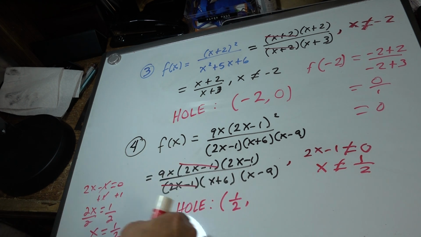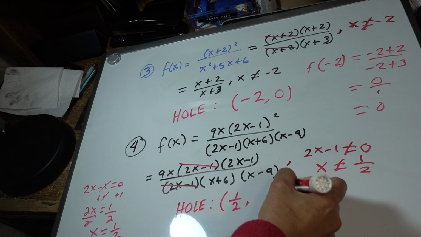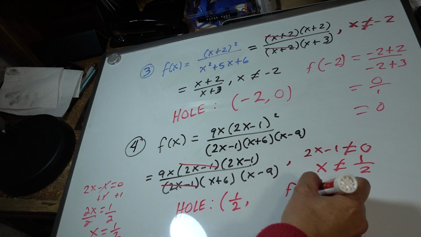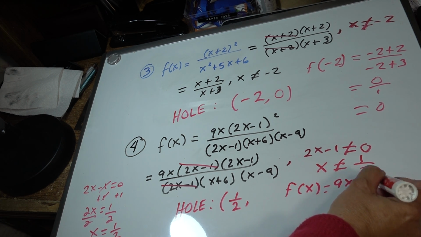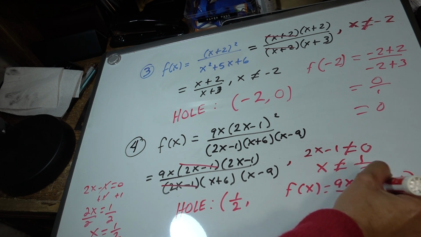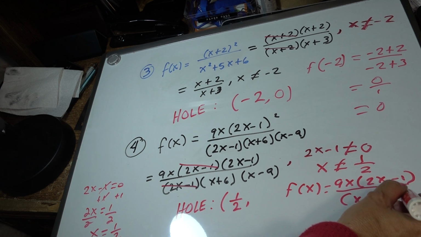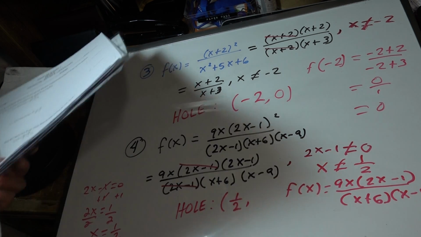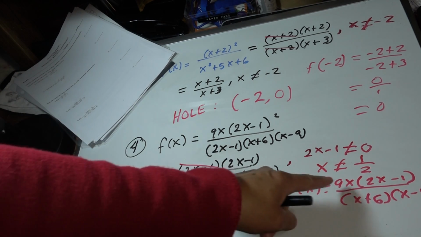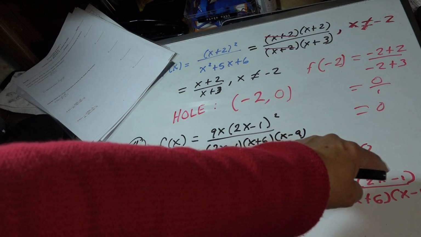And in order to find the value for y, we use the function that is already reduced, which is 9x times 2x minus 1 over x plus 6 times x minus 9. If you plug in 1/2 on the top part, 2 times 1/2 is 1, minus 1 is 0. The top part is going to be 0.